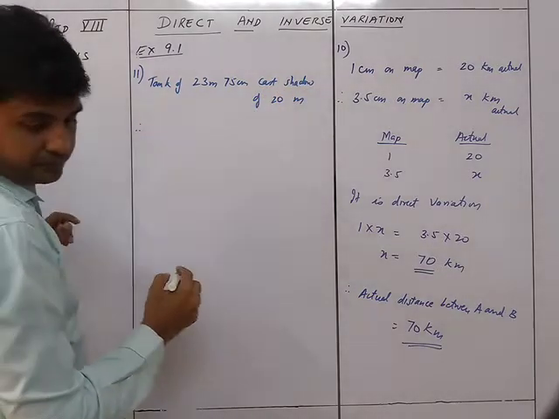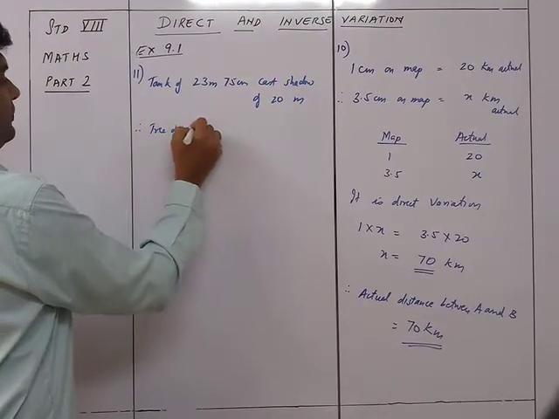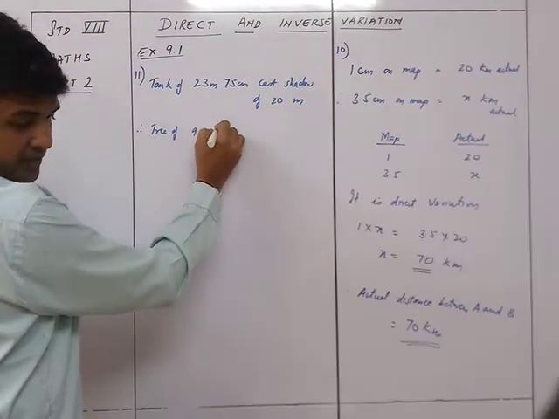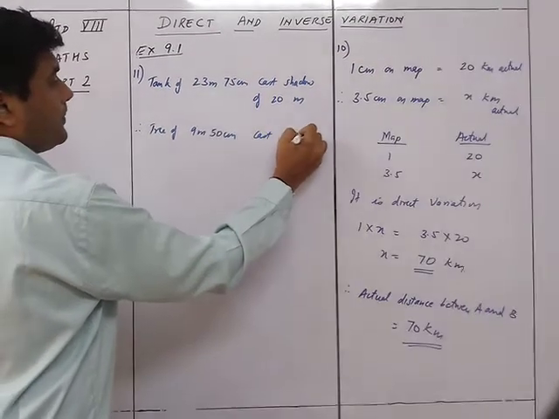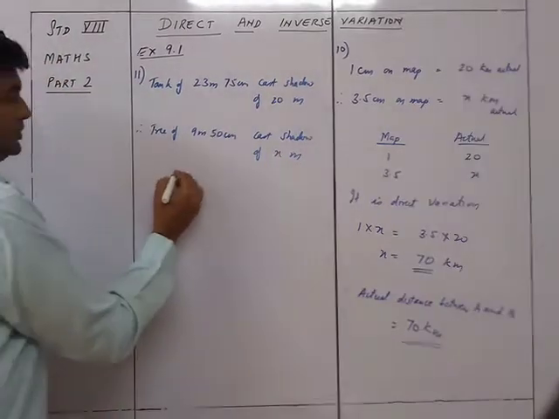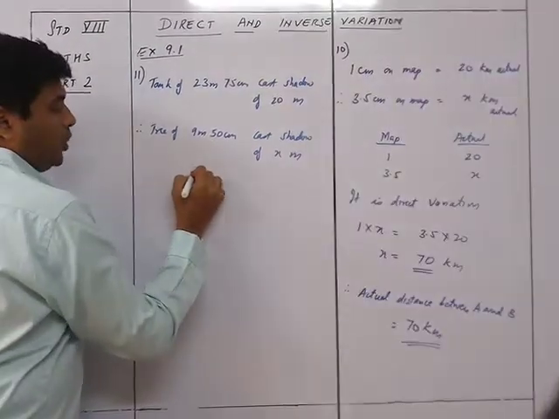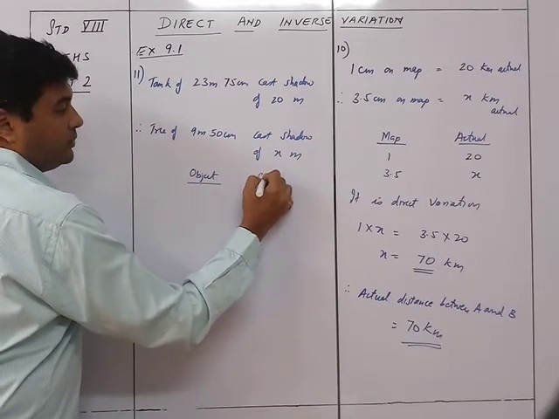Therefore, a tree of 9 meters 50 centimeters casts a shadow of x meters. So again it will be object and shadow.